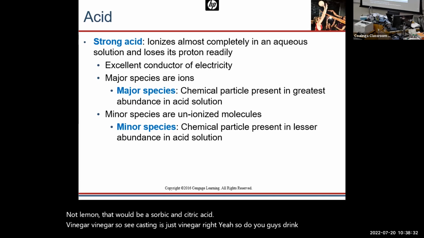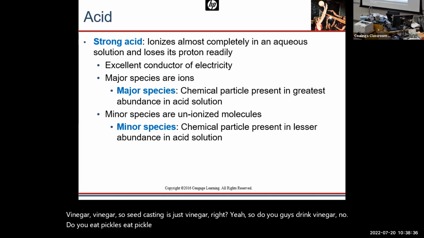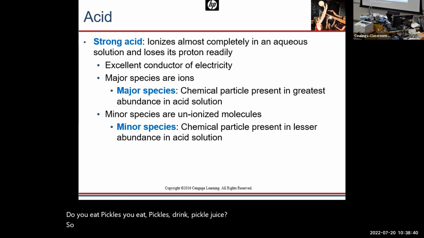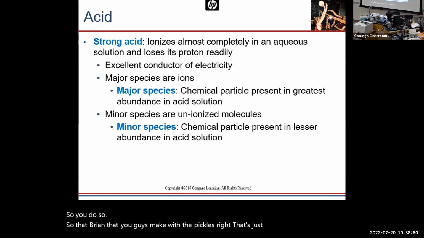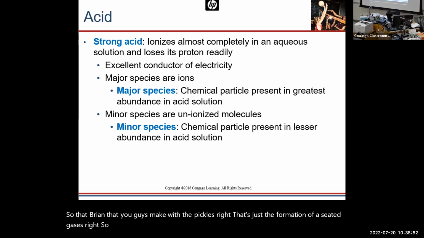You don't drink vinegar? You do eat pickles? So you drink pickle juice? Yeah, so you do. That brine that you make with the pickles is just acetic acid, right? So you drink quite a bit if you eat pickles or drink pickle juice. I love pickles. Oh man, it's bad. I will drink it on its own. My mom used to hate me because I drank all the pickle juice.